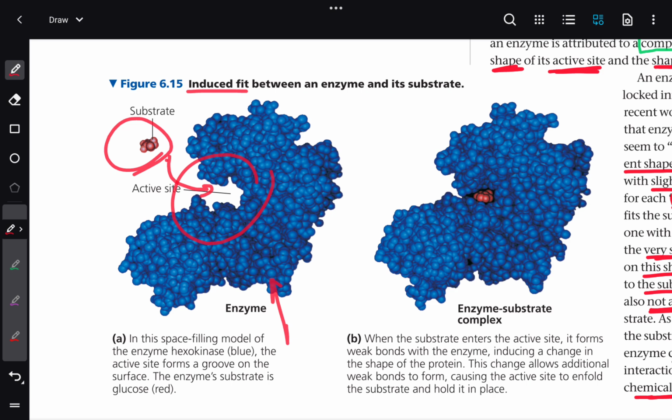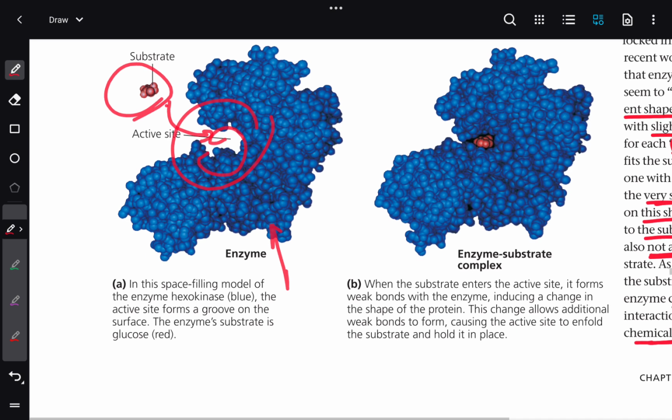It will be like consumed, not consumed. It's like devoured by the protein at the active site. They fit like this in this space-filling model of the enzyme hexokinase. And the active site forms a groove on the surface. The enzyme's substrate is glucose.